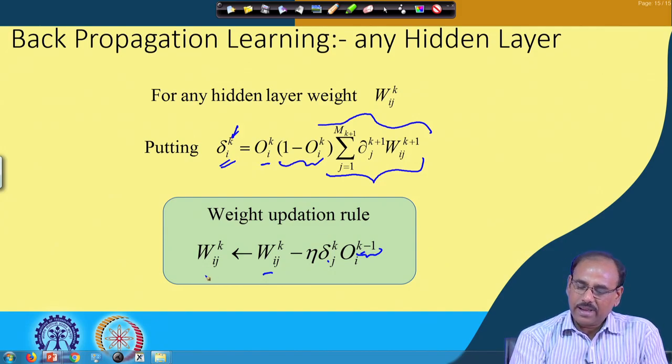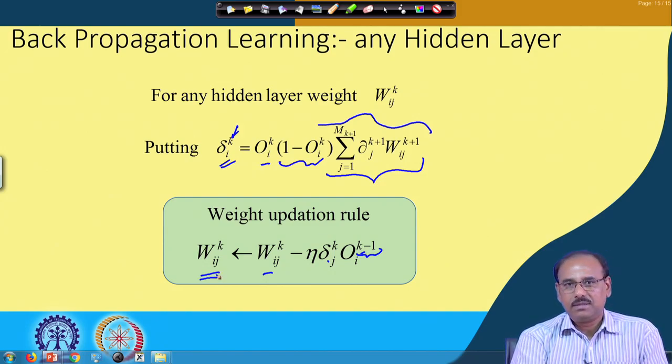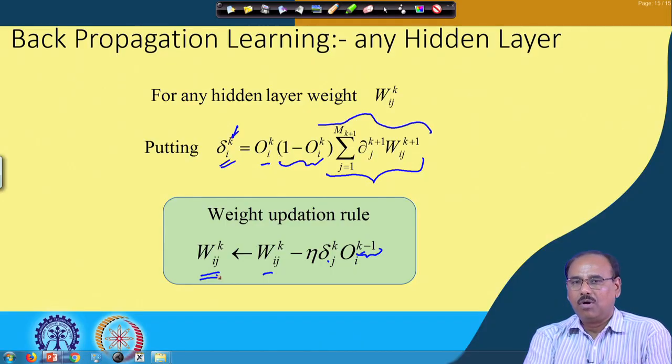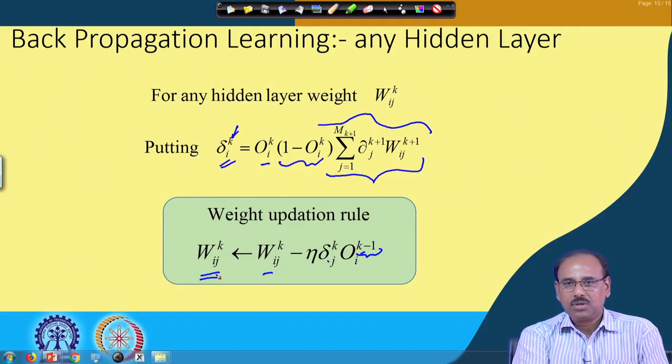Using this I can update the weights of any of the hidden layers. So, what I have to do is compute this for all values of i, j and k, and while you do that, you have to start from your output layer and then gradually move to all the hidden layers. So, this is the weight updation rule, or the backpropagation learning algorithm in a multi-layer neural network.